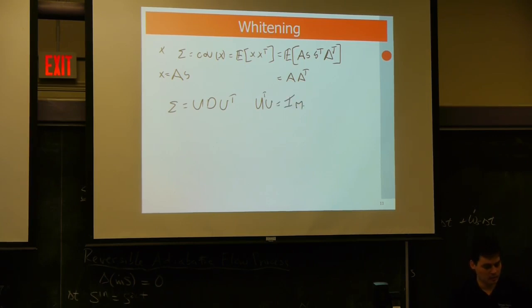We have M independent sources, so S is S1, ..., Sm. In other words, U contains the singular vectors, and D is a diagonal matrix with rank M.